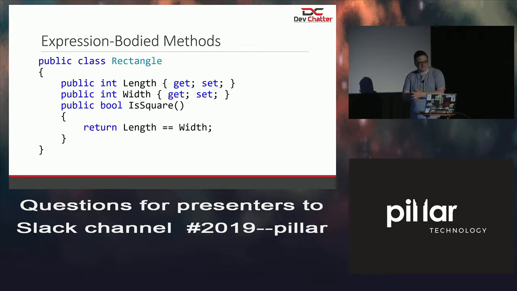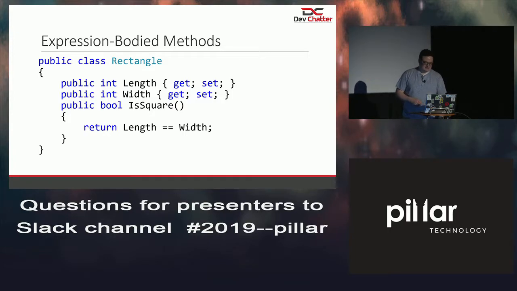Okay, next thing I want to talk about, because this happened in essentially every update of C#, is the addition of expression-bodied methods. I need to make sure that you all see this, because if you don't know these, you're going to run into them everywhere in your code, because someone in your code base is going to use them.